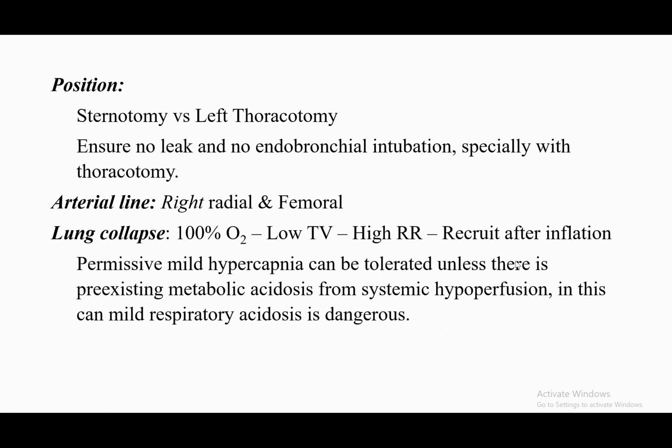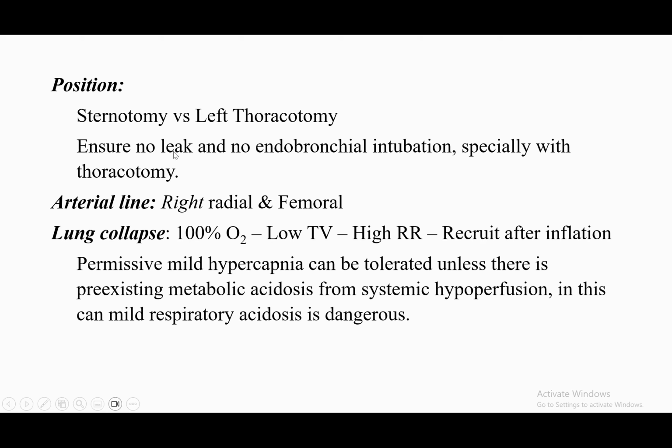Position: either sternotomy or left thoracotomy, according to what surgery will be done. Ensure no leak and no endobronchial intubation, especially with thoracotomy. And especially we should make sure that the tube is not in the non-dependent lung, because if the endotracheal tube is endobronchial in the non-dependent lung, when they open the thorax, the lung will collapse and no ventilation will occur, and the patient will become hypoxic or may arrest.